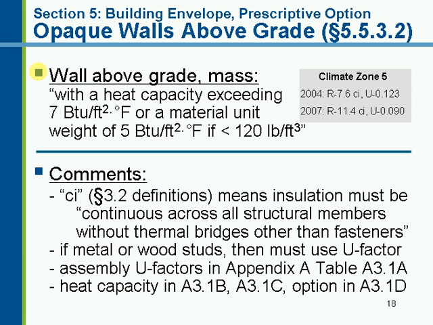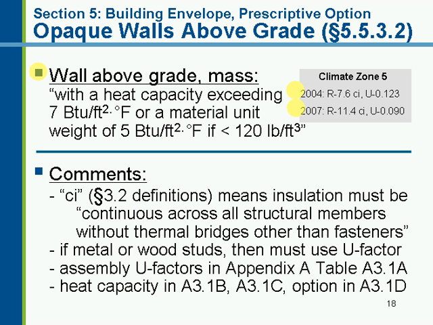Or if you have a lightweight mass wall, it's with a material weight of heat capacity of 5 BTUs per square foot, degrees Fahrenheit, with that density of 120 pounds per cubic foot or less. For 2004, the minimum insulation requirement for Climate Zone 5 is R7.6 continuous insulation, and that's increasing in 2007 to a minimum of R11.4 continuous insulation.